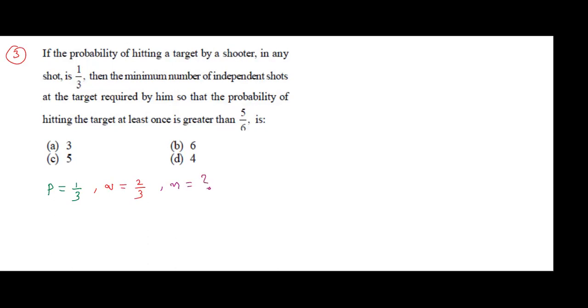The probability of hitting the target at least once is greater than 5 by 6. This is the condition. Now, P of X greater than or equal to 1 means we write the reverse method: 1 minus P of X equal to 0 is greater than 5 by 6.